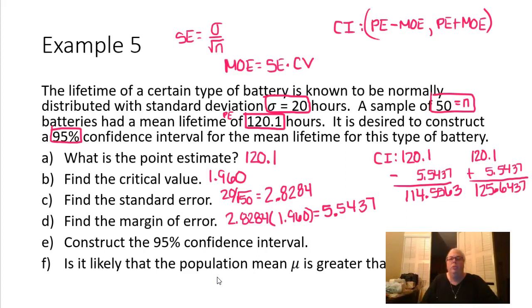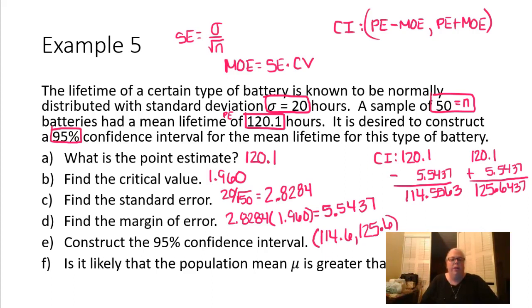All right, and my original was rounded off to 1 decimal place, so I am going to round my confidence interval to 1 decimal place. So we're going to have 114.6, and over here we're going to have 125.6, because that 4 does not round that 6 up to a 7. It is going to stay a 6.